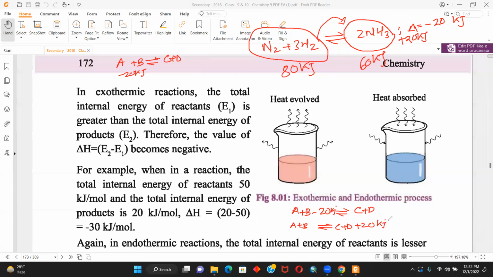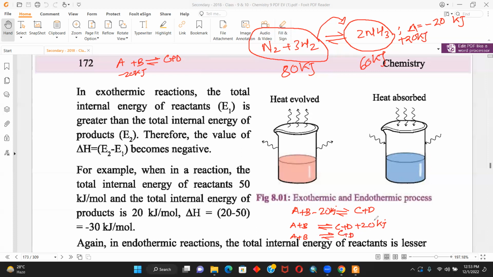All right. So now, if it is on the right side, to convert it to delta H, just change the sign of the heat on the right side. What did I say?